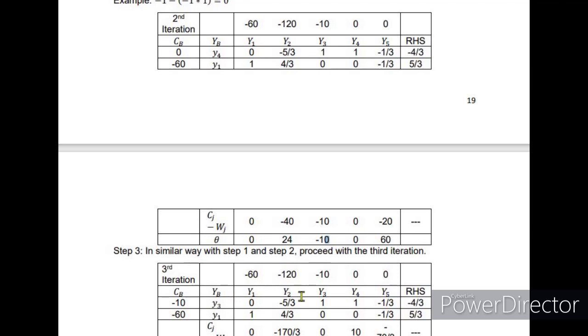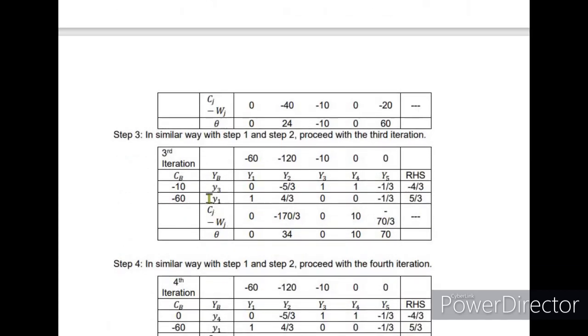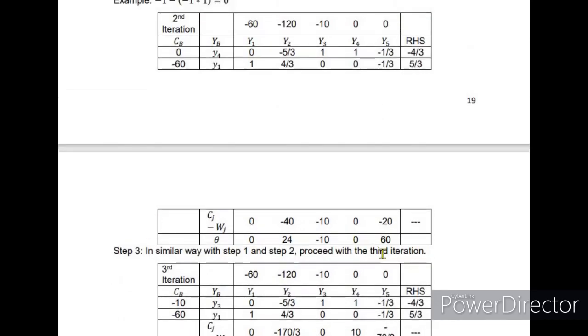So in the next iteration, row y sub 4 will be replaced by the column y sub 3. In this next iteration, y sub 4 was replaced by y sub 3. You notice that all the elements here are just the same, because when we divide each element by the pivot element 1, it will be the same.